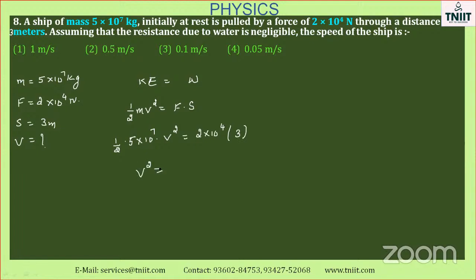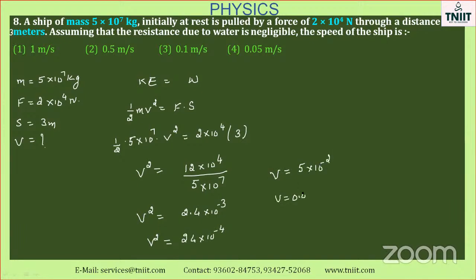So what is v squared? 12 into 10 power 4 divided by 5 into 10 power 7. 12 by 5 is how much? 2.4 into 10 power minus 3. So v squared is 24 into 10 power minus 4. V is close to 5 into 10 power minus 2. That is 0.05 meter per second, isn't it?